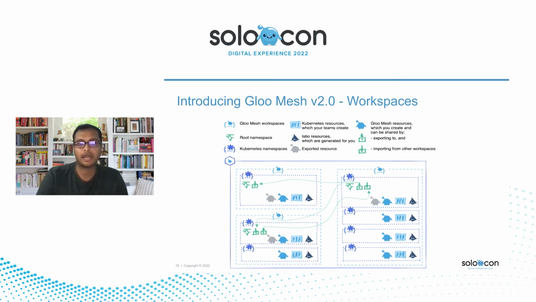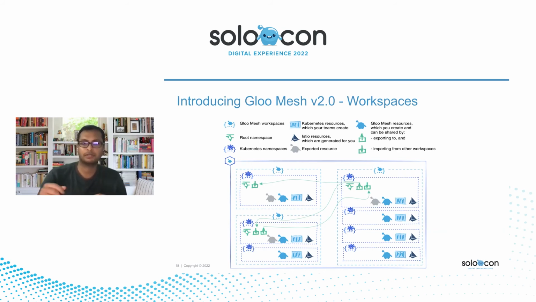So you can see in this diagram, we are showing how workspaces are drawn, right? So the dotted blue lines are showing workspaces that are sometimes just spanning one cluster. The other workspaces are spanning two namespaces across different clusters. And the third one is actually composed of 4 clusters, right? And you can compose them however you want. And we have primitives in workspaces that allow you to export and import at various resolutions.